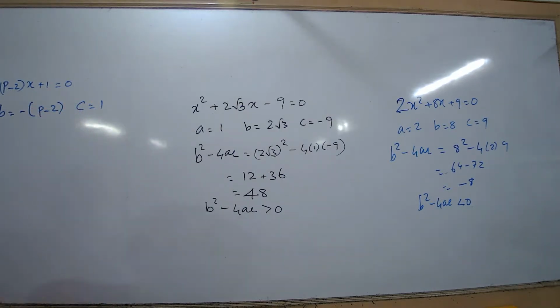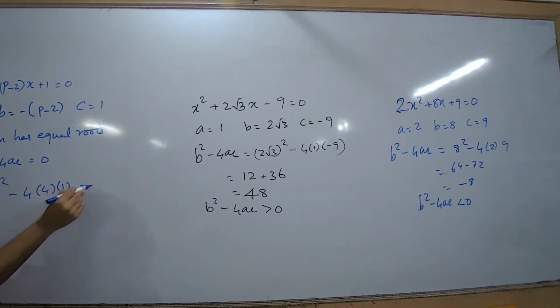Given: the equation has equal roots. Therefore b square minus 4ac is equal to 0. So minus of (p minus 2) whole square minus 4 times 4 times 1 is equal to 0.